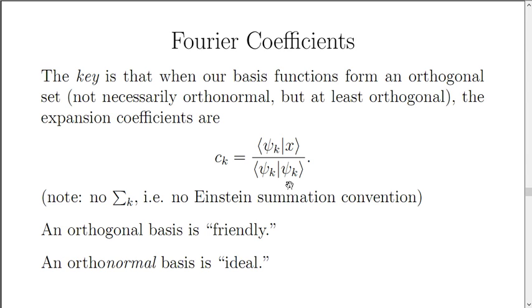By the way, note that there's no sum over index k. We're not using any Einstein summation convention here. This particular simple formula is possible because of an orthogonal basis, which means that an orthogonal basis is actually a very friendly basis. An orthonormal basis would be ideal, but we'll get to that in a couple of minutes.